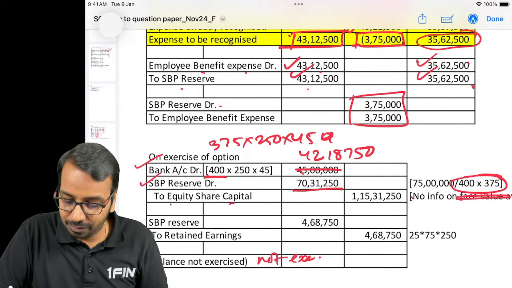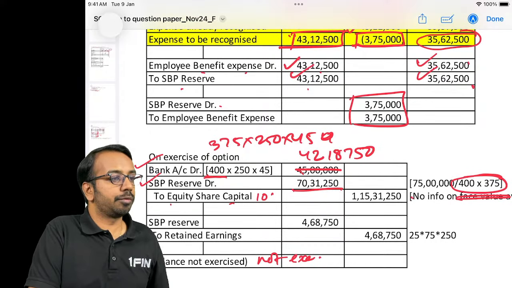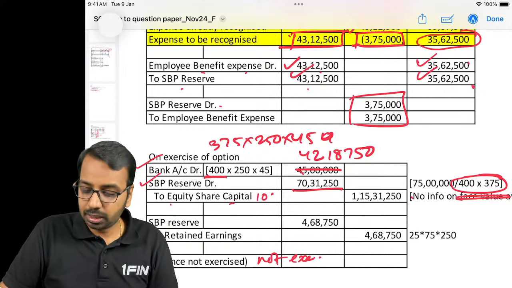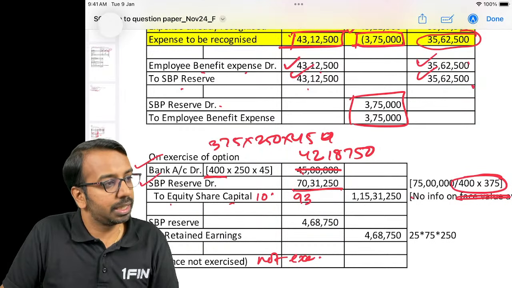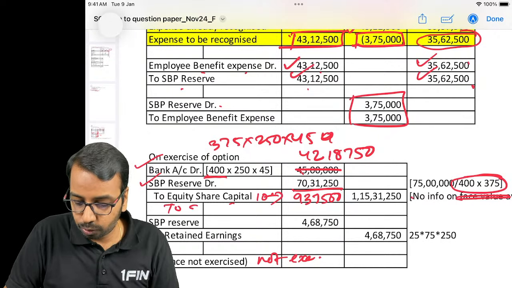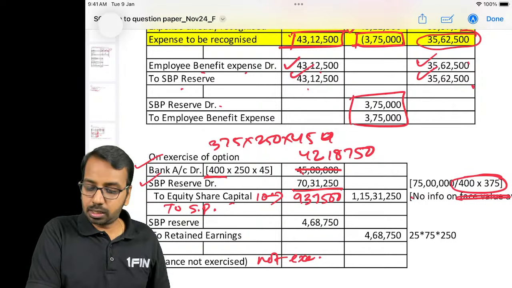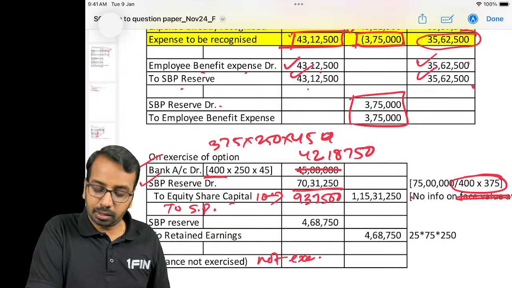Equity share capital face value 10. So 375 into 250 into 10, 937,500 will be to equity share capital. To securities premium will be minus 42 18750 minus 70 31 250.